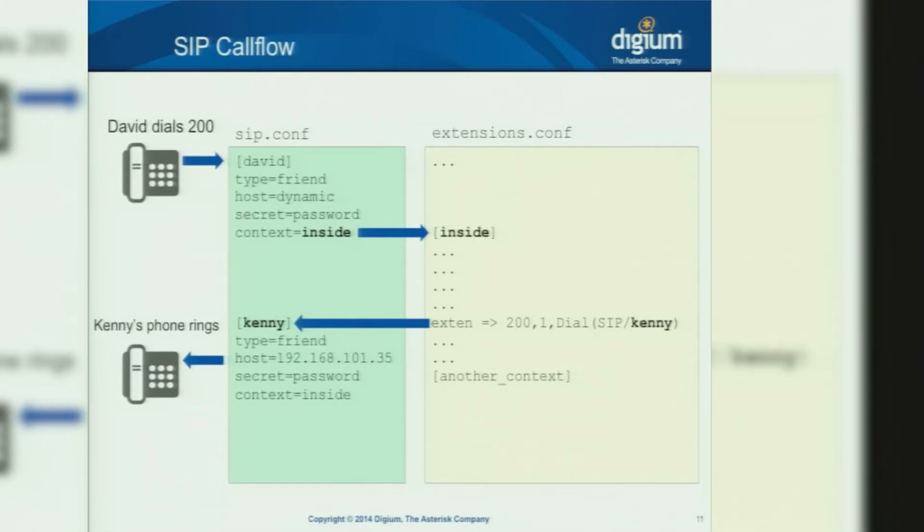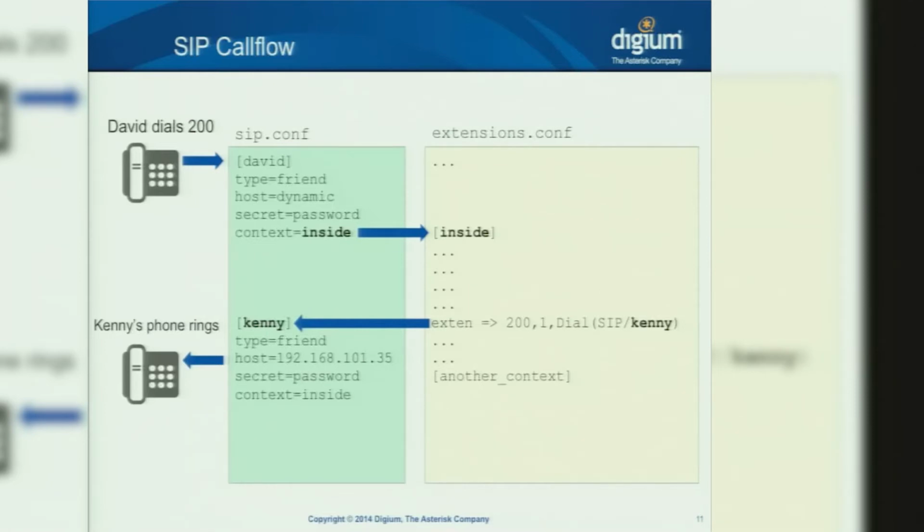So it'll go back to sip.conf, username Kenny, and Kenny's host IP address is 192.168.101.35. And this is where Asterisk, again, can get a call back out to the endpoint. Now, this kind of assumes that we've said, literally typed, host equals the IP address.